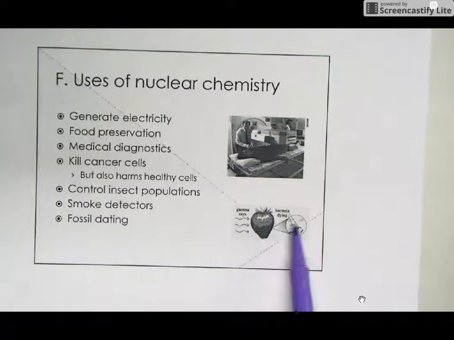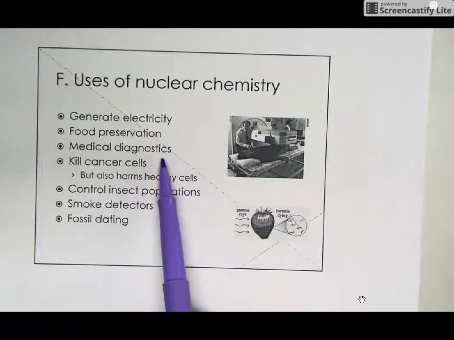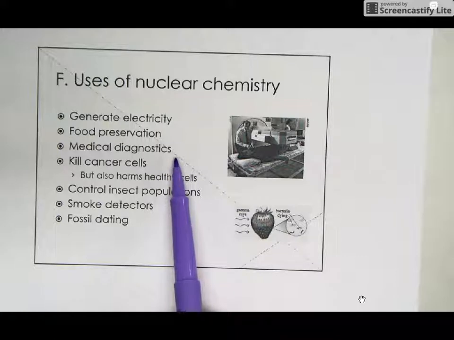It will kill the bacteria, so it would help preserve the food. They use nuclear reactions in medical diagnostic tests like MRIs, and they have radioactive substances that they might do tests for thyroid issues or cancers and things like that.